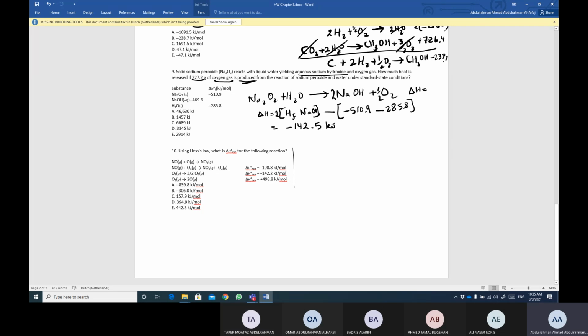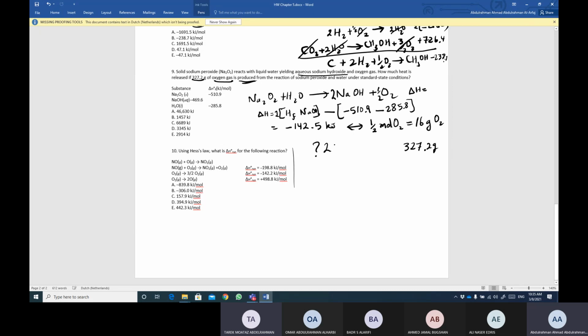This is for how many moles of oxygen? Half mole of O2, which is 16 grams. If I have 327.2 gram, then what's the heat? It will be 2,914.